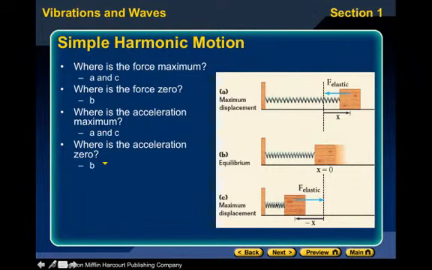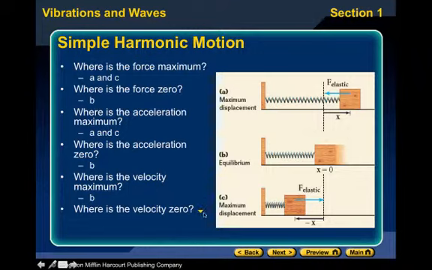The acceleration is 0 here. But the maximum velocity would be B. And the velocity is 0 at A and C, because it actually stops its motion to change directions. This is all called simple harmonic motion.